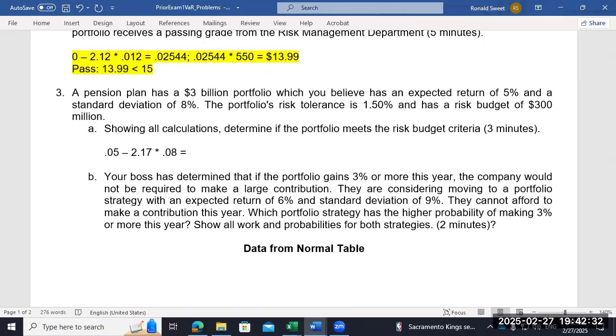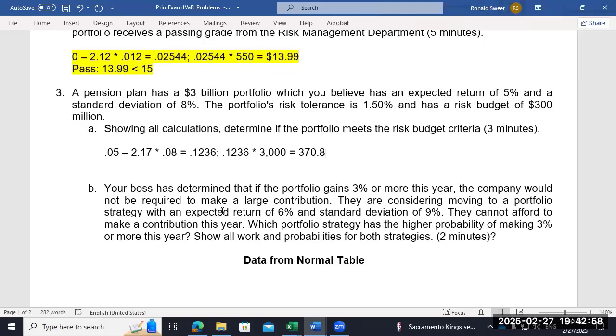And then I got 12.26%, 3.6. And then multiplying that by the 3 billion, I got 370 million. Sorry, 370.8. Yes. Okay, and then it's all right.